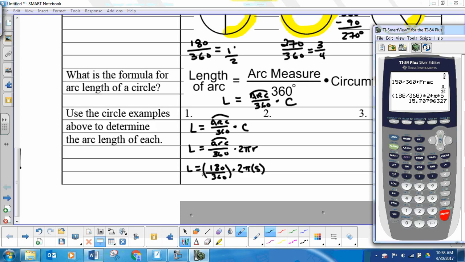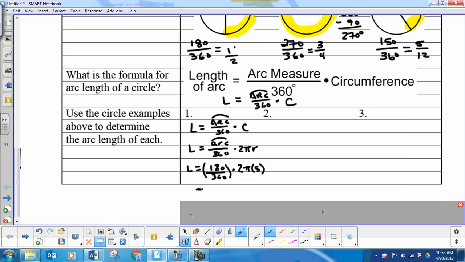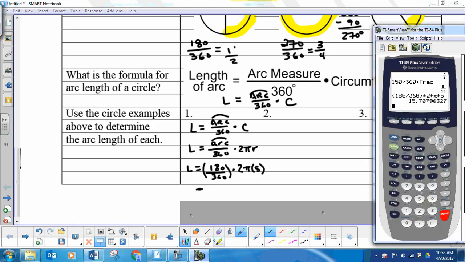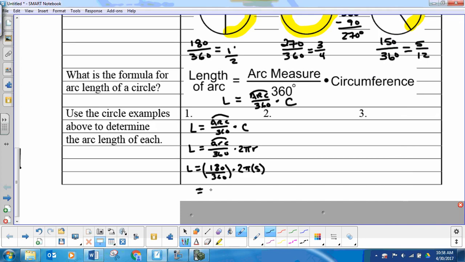And when I do the math, you can see that this value is 15.7. So we'll just write 15.7, rounded to the tenths place. This radius was measured in units of inches, and so now my arc length is also in units of inches.